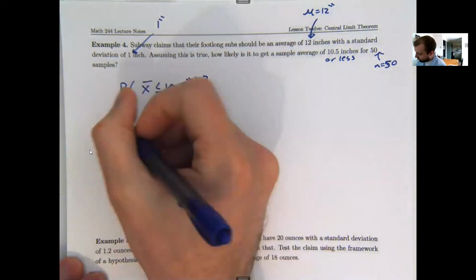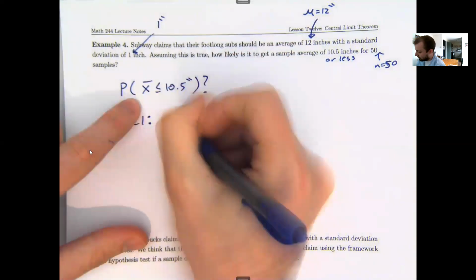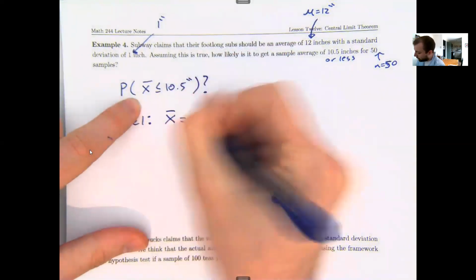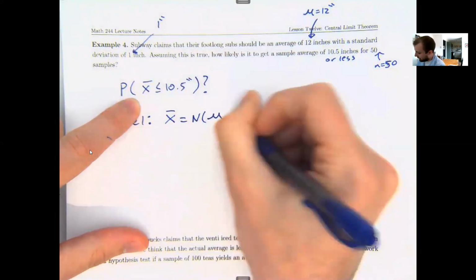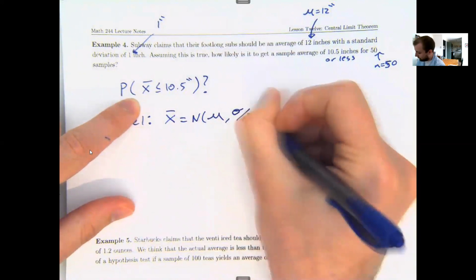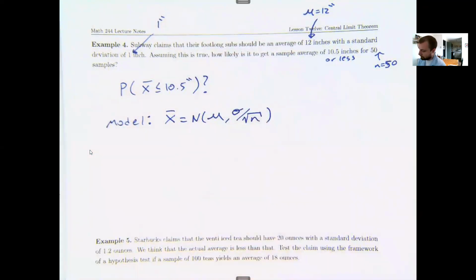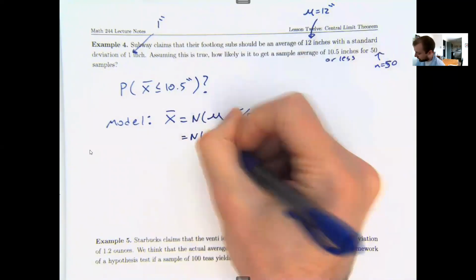If that were true, then my model, since this is a question about averages, will be normally distributed with the center of mu and the standard deviation of sigma over the square root of n. My mu here is 12 inches.